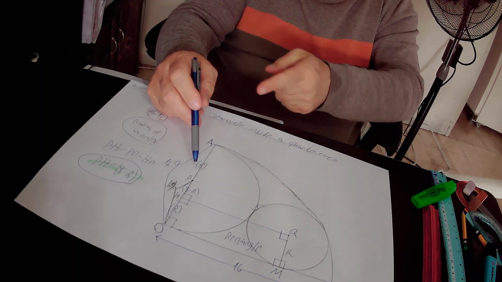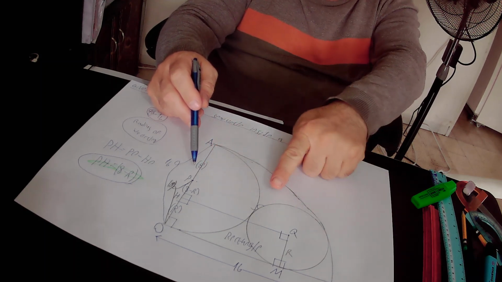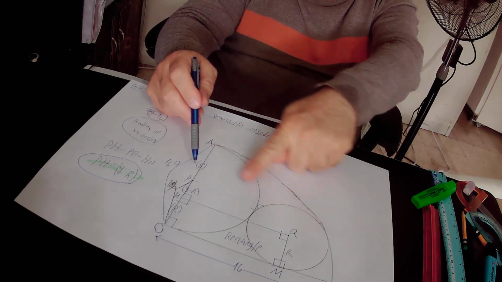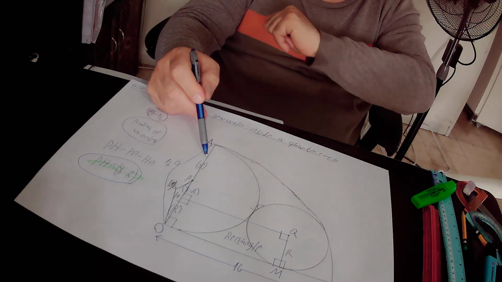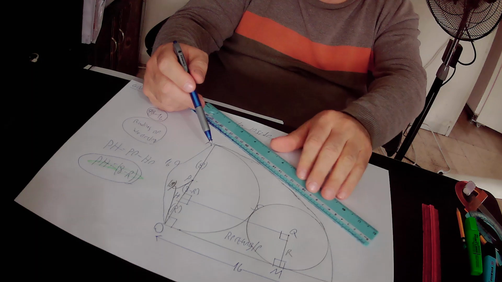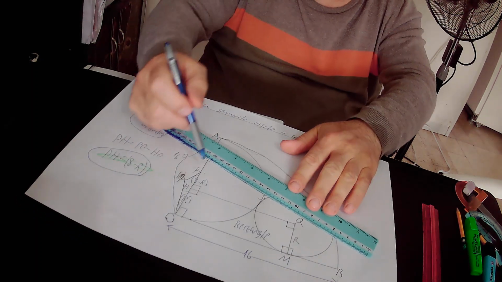And according to rule 10, the straight line PQ must pass through point S, that is their touching point, or PSQ is one straight line. Again, PSQ is one straight line according to rule 10. Okay, so we connect PSQ by a straight line.